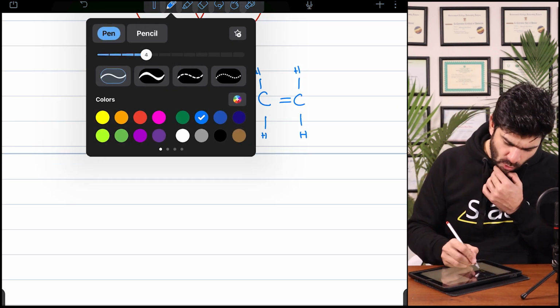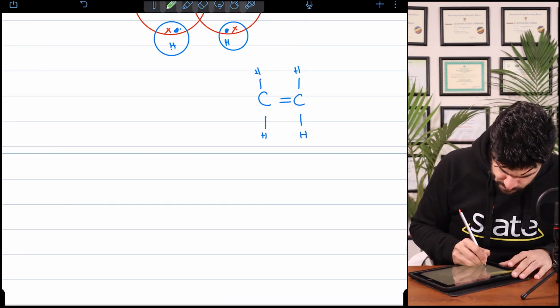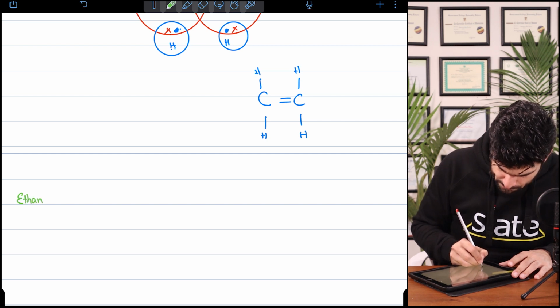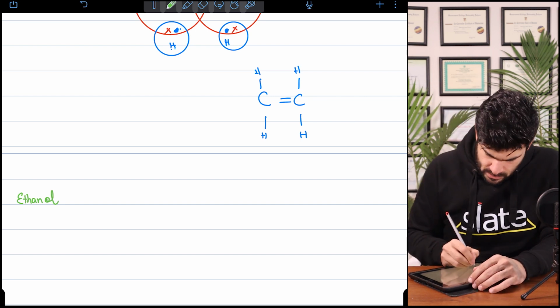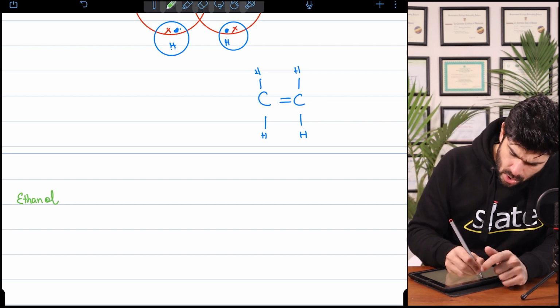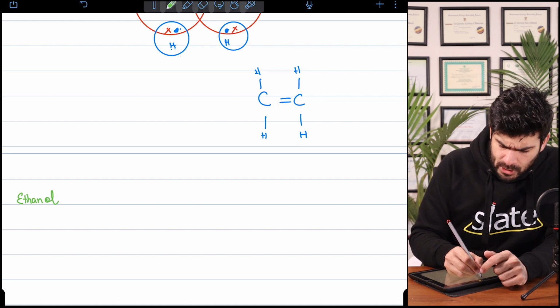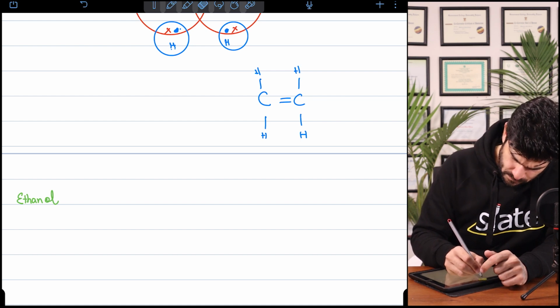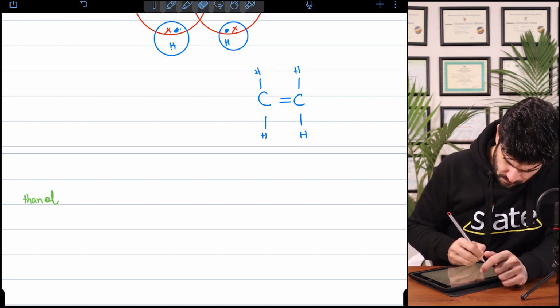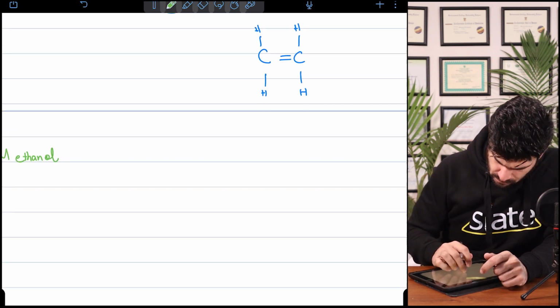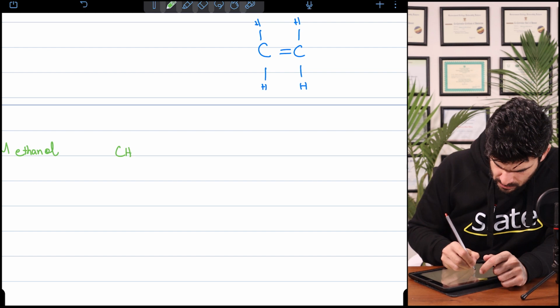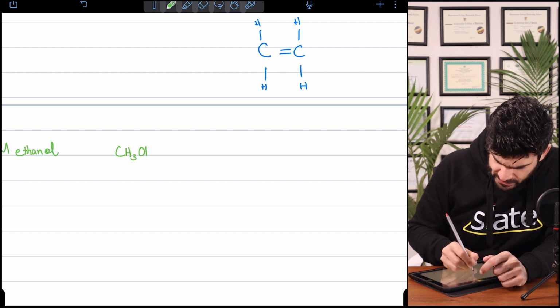Last example for this covalent compound, covalent bonding. Ethanol. Or we can do methanol. Let's do methanol. CH3OH.